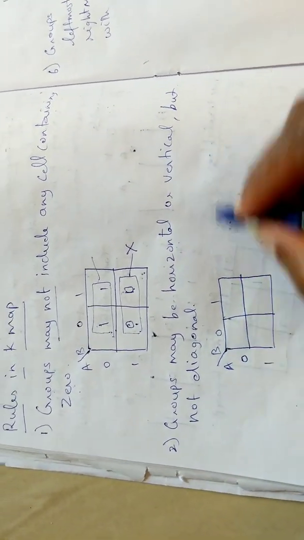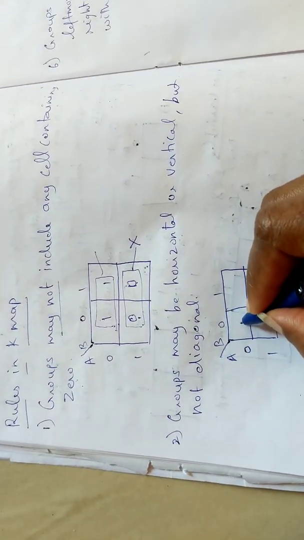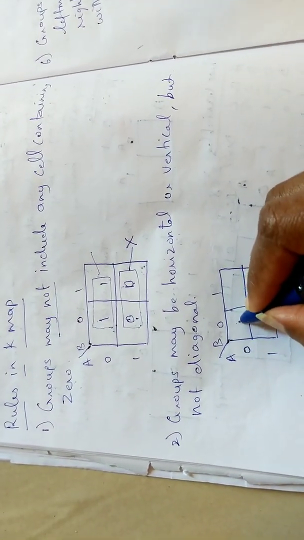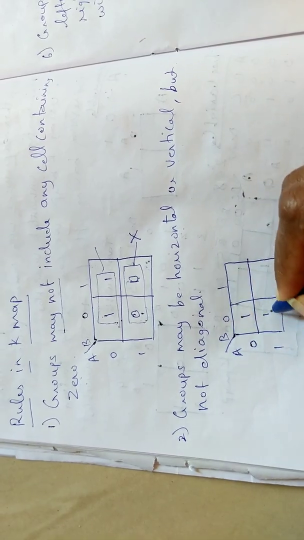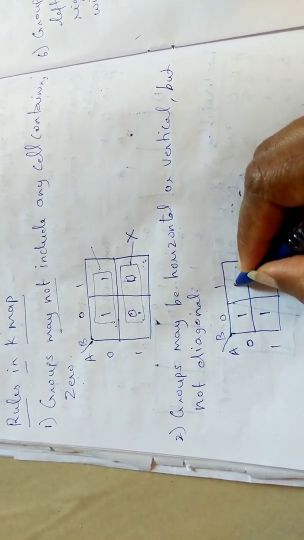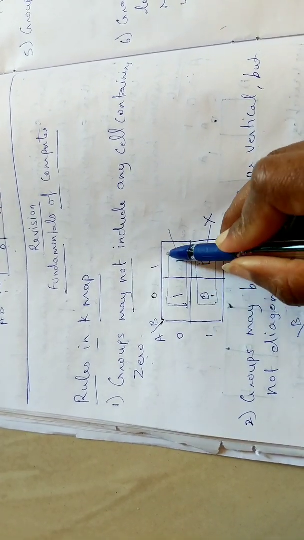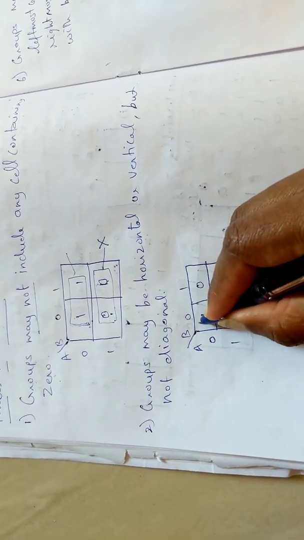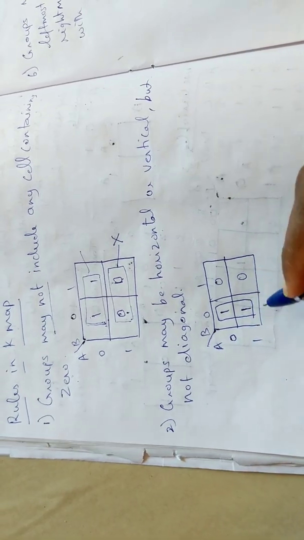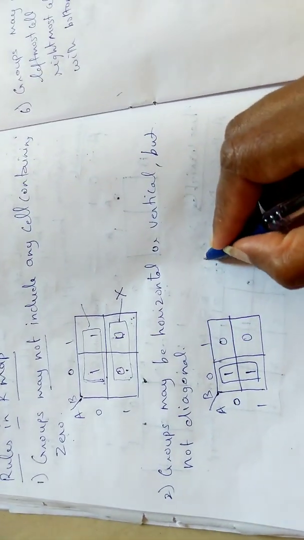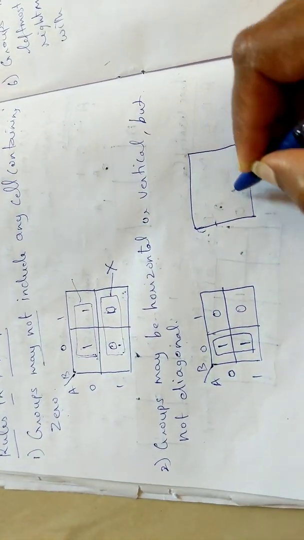Inside this, suppose I have 1 1 and 0 0. You can make a group either horizontal like this, or you can make a vertical group. This is also allowed and correct. You should not make it otherwise.